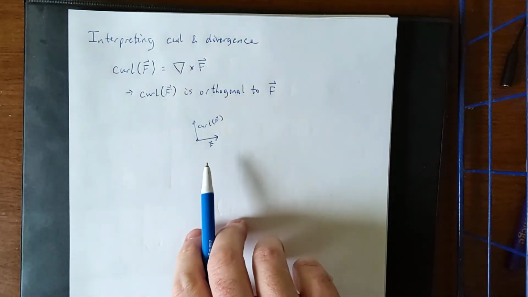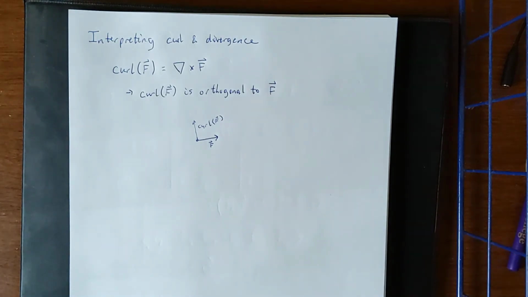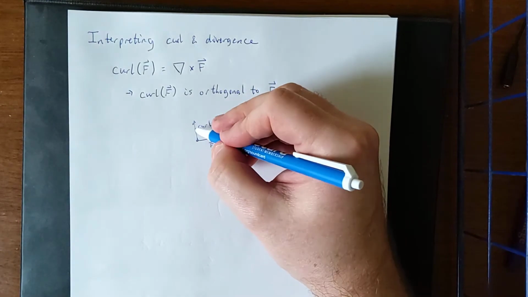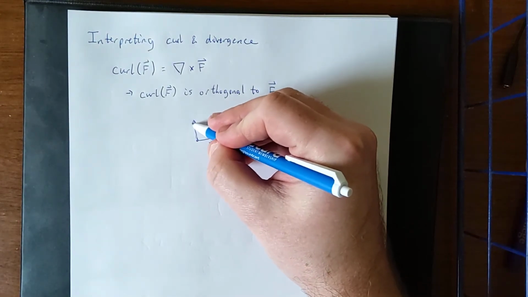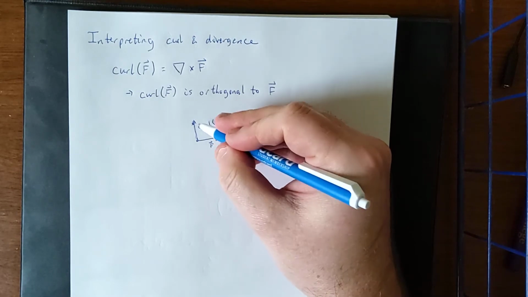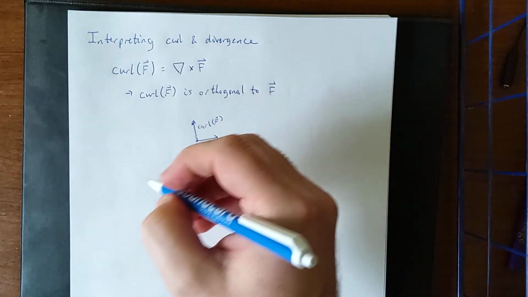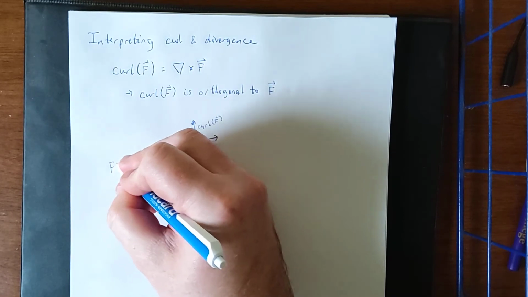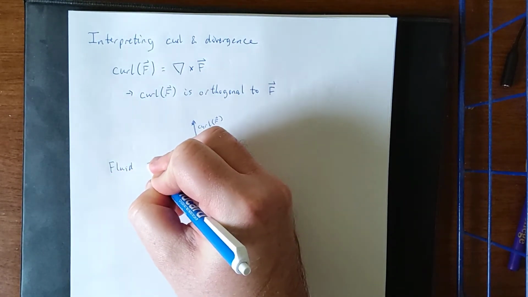Now, typically when you have things that are orthogonal in the sense of motion, what you have is a rotation going on. So as the curl pulls us in this direction, it means that it would be rotating our vector from the vector field. So one example of this is in the form of fluid flow.